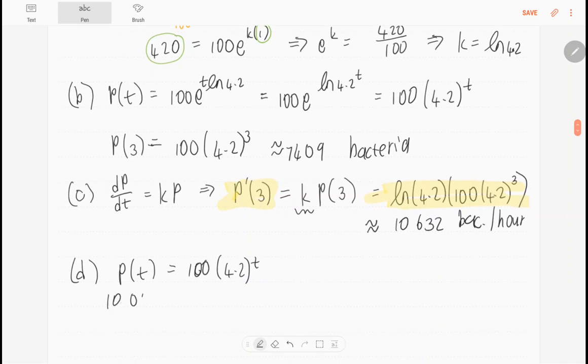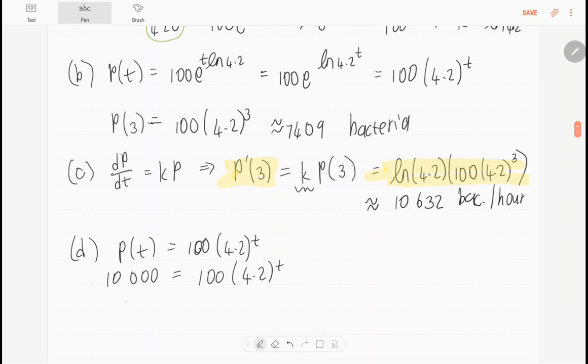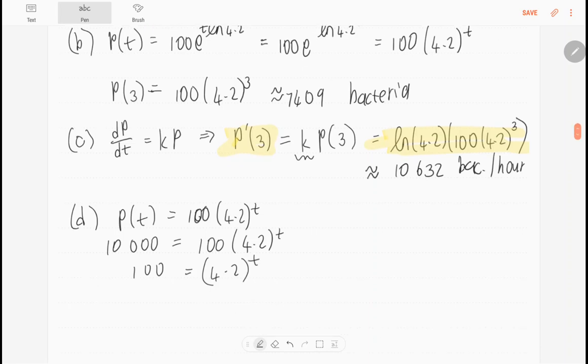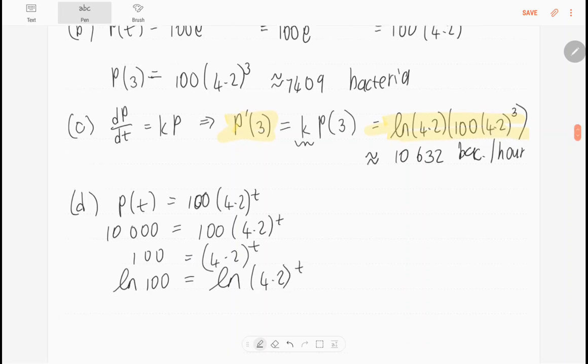So 10,000 equals 100 times 4.2 to the t, which means that 100 equals 4.2 to the t, which means ln of 100 equals ln of 4.2 to the t, which I can write as t ln of 4.2.